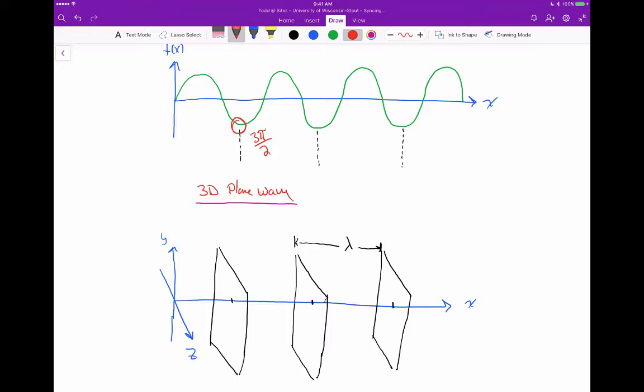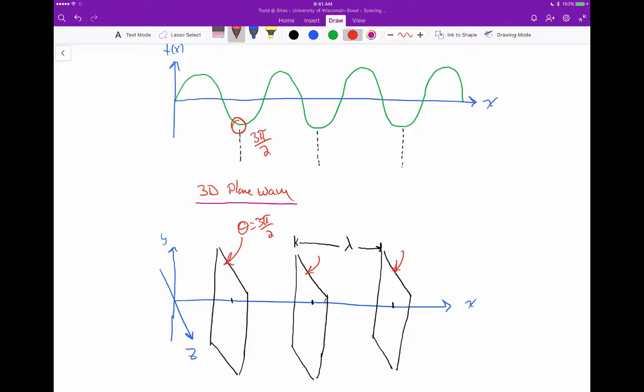This surface right here represents a surface of constant phase. Everywhere along that surface, the phase is going to be 3 pi over 2. Everywhere along this surface we have the same phase, and everywhere along this surface. Again, the distance between the two wavefronts is always going to be equal to the wavelength.